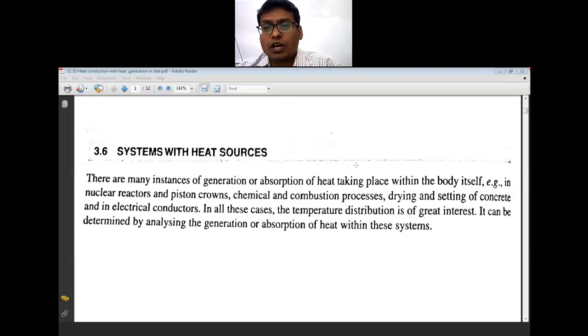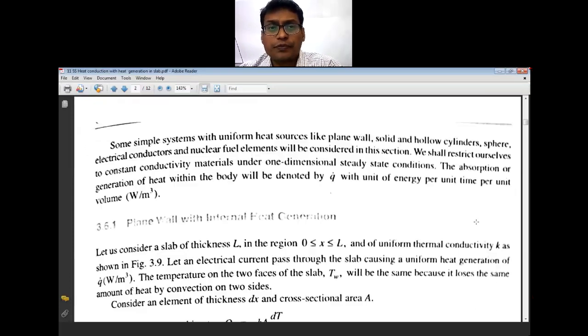So that is our aim: to calculate the temperature distribution at the point of interest and the amount, or rate, of heat transfer.